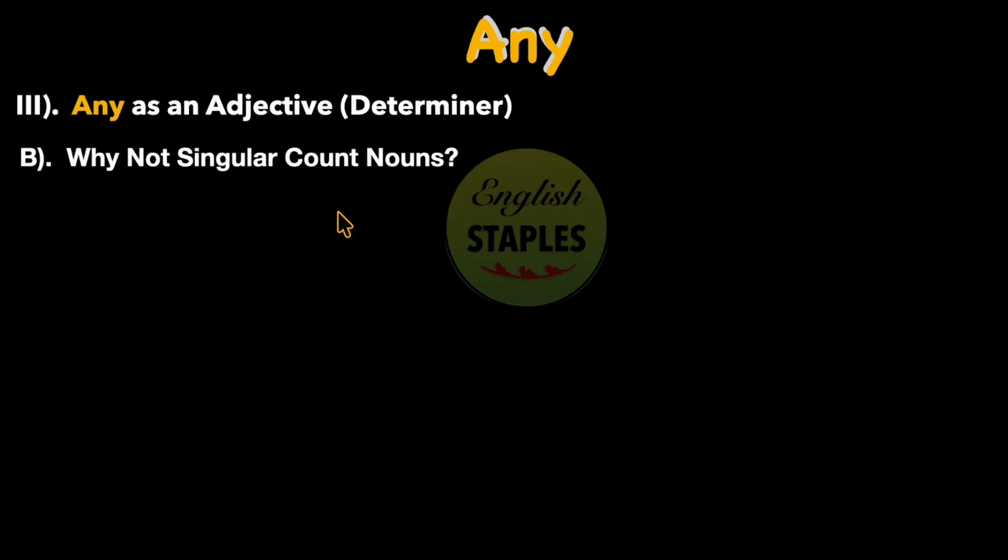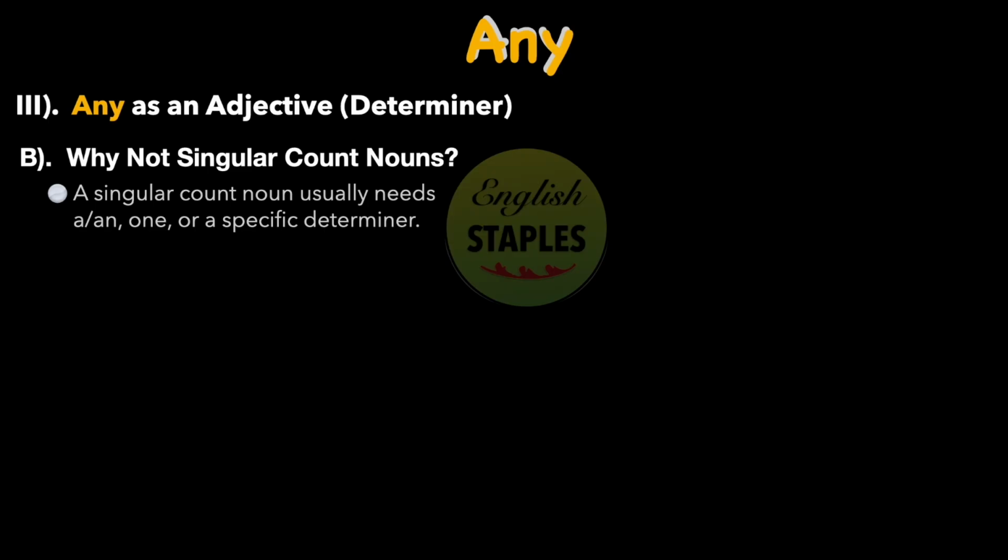Why not singular count nouns? So we just looked at plurals, and now we're going to talk about why not singular count nouns. A singular count noun usually needs a, an, one, or a specific determiner.